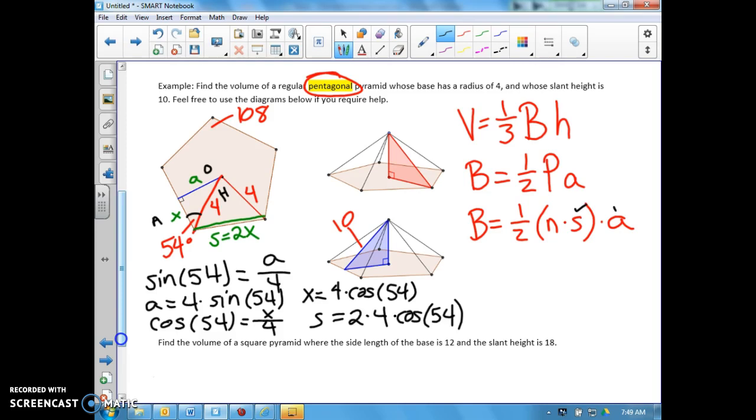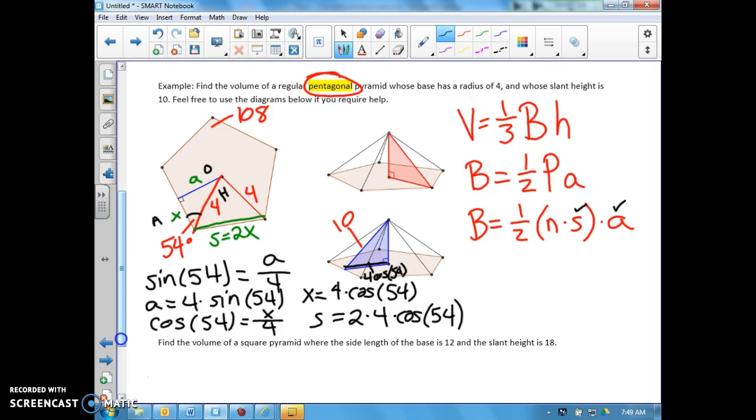I found A. I don't have the H. I'm missing that right now. So, slant height is 10. I know here what this apothem is. It is 4 times cosine of 54.